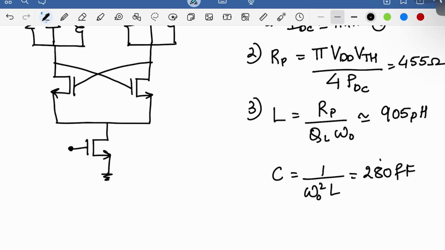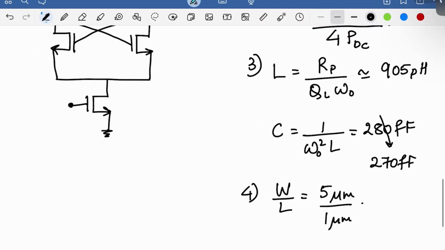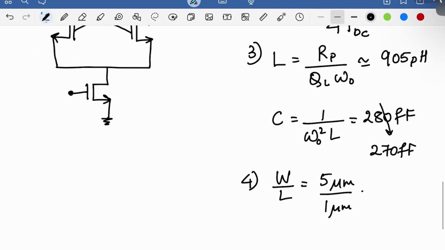And this actually came down to 270 femtofarad because there was 10 femtofarad from the parasitics. And lastly, we set a W over L ratio to get enough gm to be around 5 micrometers by 1 micrometer. Okay, so this is kind of where we'll start.